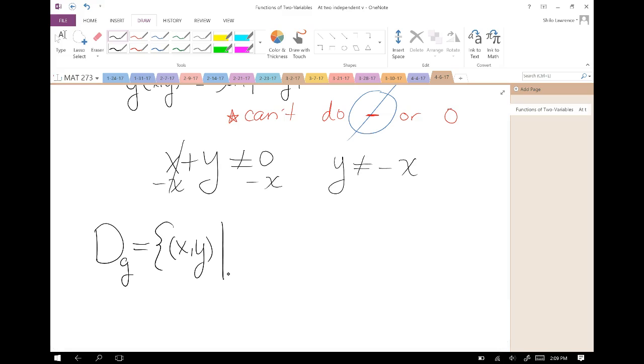So we'll get an answer back for the output as long as y does not equal negative x. As long as we avoid those, we're good.